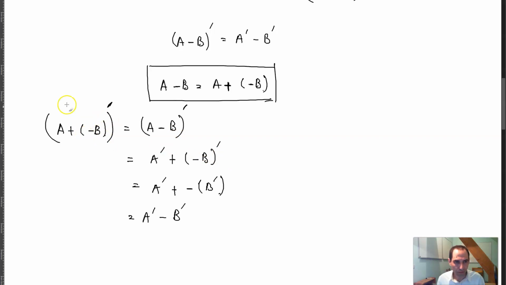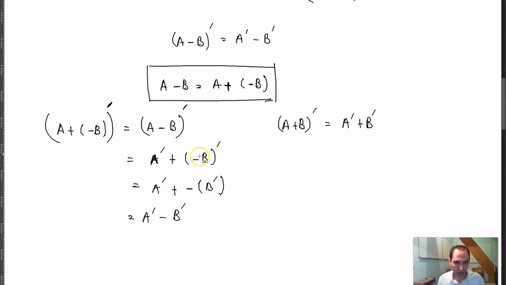Now, this is in turn equal to, based on the fact that A plus B whole transpose is equal to A transpose plus B transpose, instead of A plus negative B whole transpose, I can write A transpose plus negative B whole transpose, right?